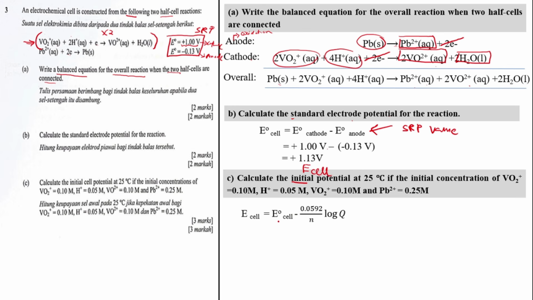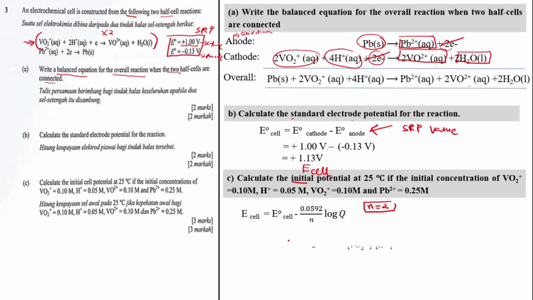Okay, so our formula of E cell is equal to the E naught cell minus 0.0592 divided by n log Q. And our n here is equal to 2 because n here refers to the number of electrons. So the number of electron transfer is 2.